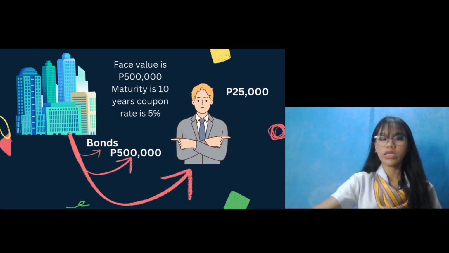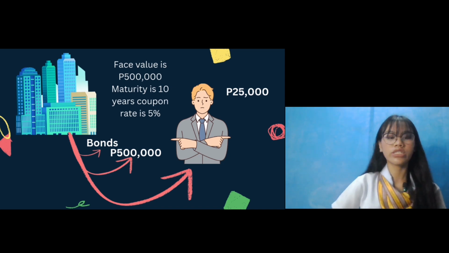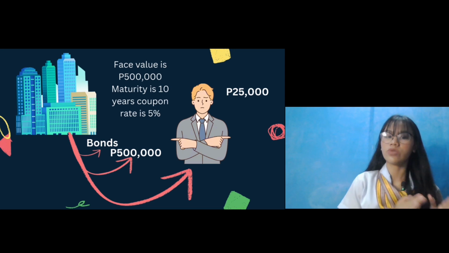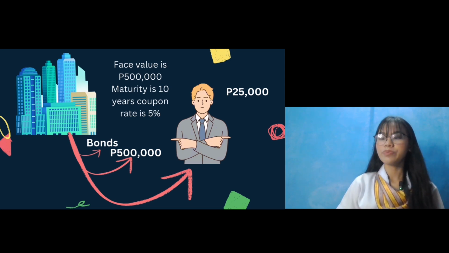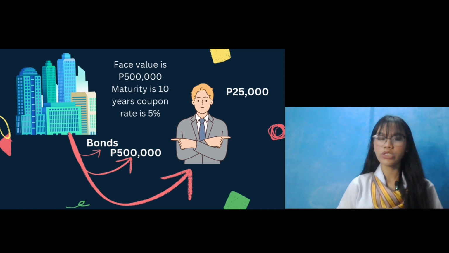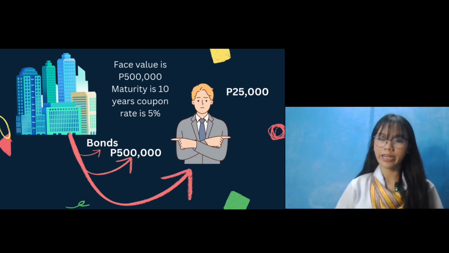Let's assume that this illustration is annual. But if it is semi-annual, you just need to divide it by 2. So 500,000 multiplied by 0.05, divided by 2, would be the coupon that Mr. X will receive if it is semi-annual.